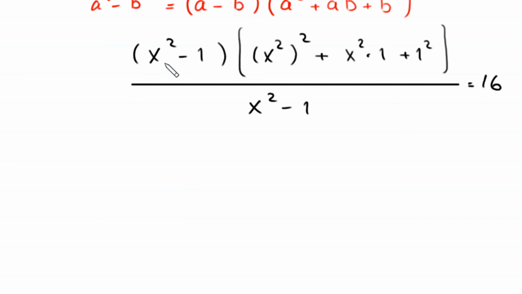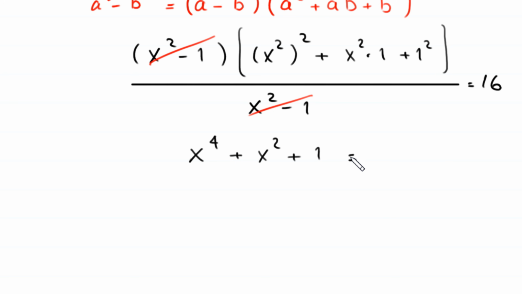Now this x squared minus 1 will be cancelled out with this x squared minus 1, and we are left with x squared whole squared, which will become x to the power 4, plus x squared plus 1 squared, which is 1, equal to 16.